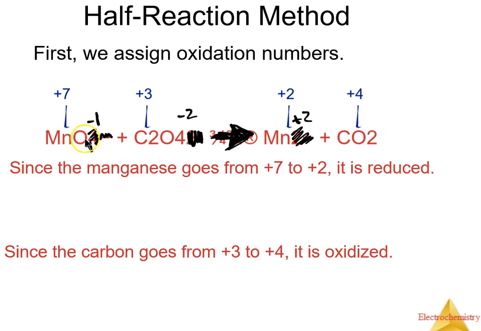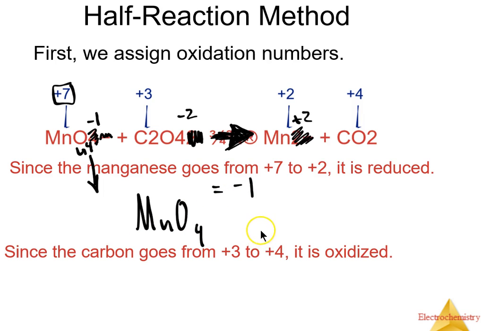When we assign these, oxygen's always a -2, so we took the -2, multiplied it by 4, and subtracted 1. Okay, hold on, let me just do it together. We know this equals a -1, the overall thing.